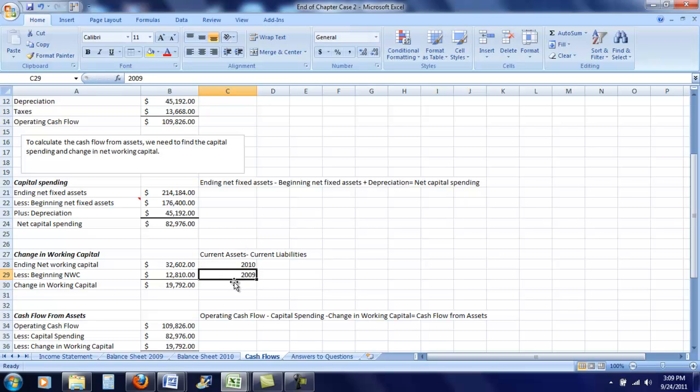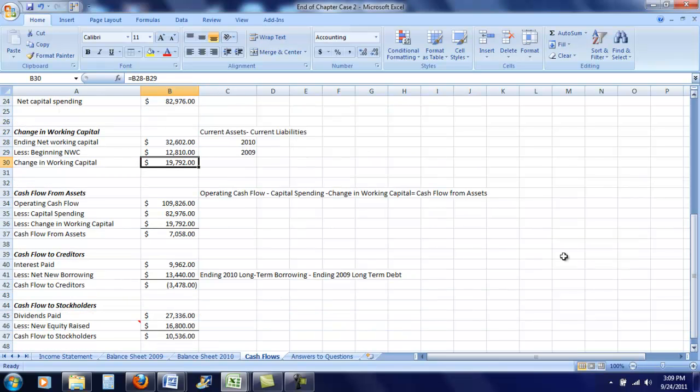So our change in net working capital is ending minus beginning. So we have $19,792.